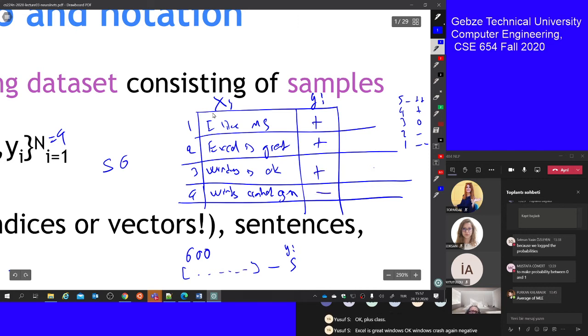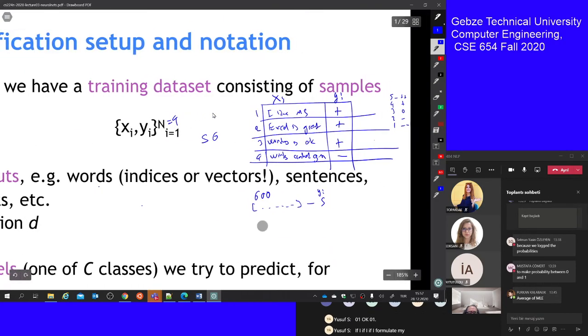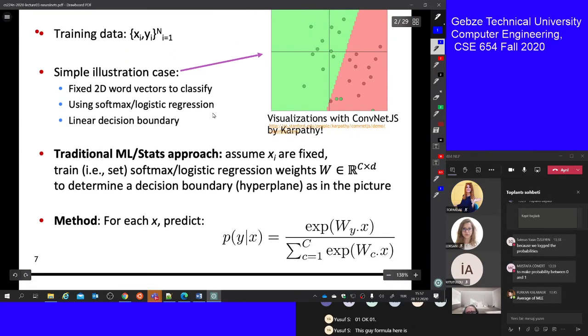So 0 or 1. If I formulate my problem like that, C is going to be just 2, just two sets of W's, W1 and W2, and my results will be a binary result, either true or false, either plus or negative.